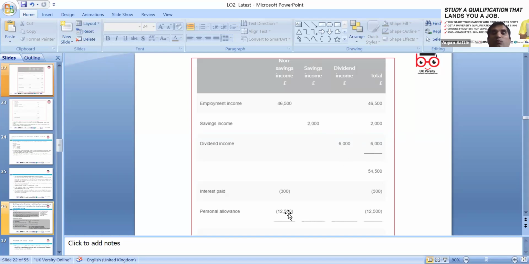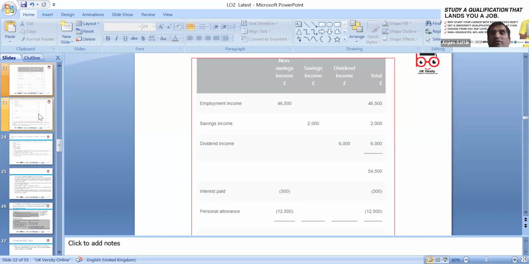The previous year was different, but of course, if I use the current rate, 12,570 needs to be deducted, if I apply the rate of 2023 and 2024.